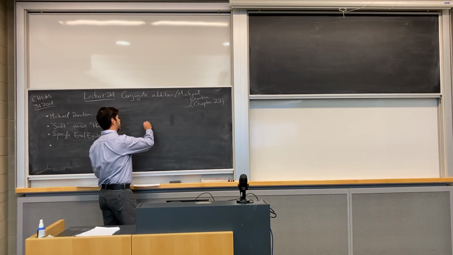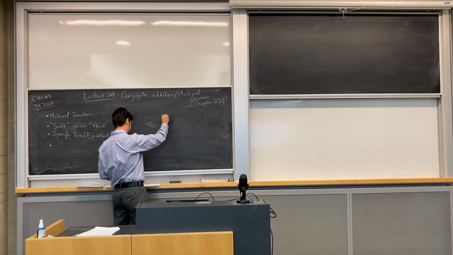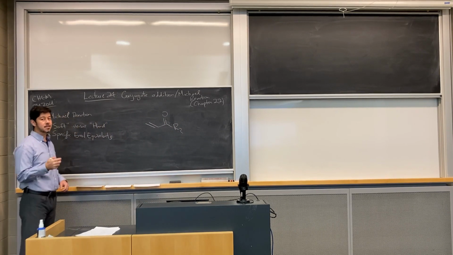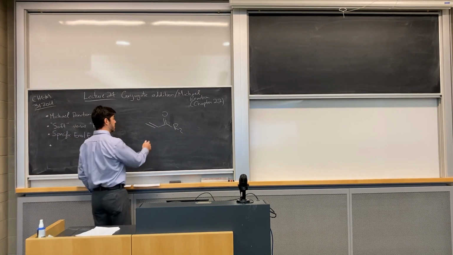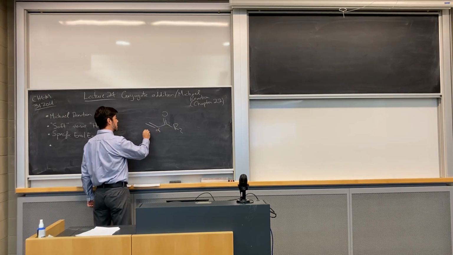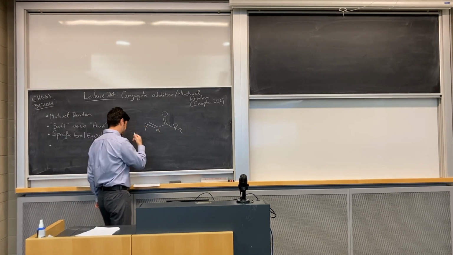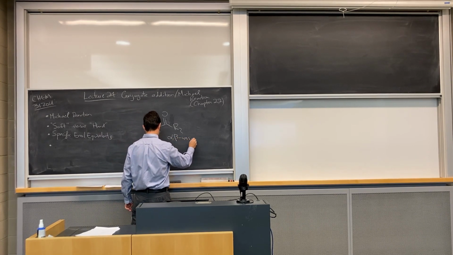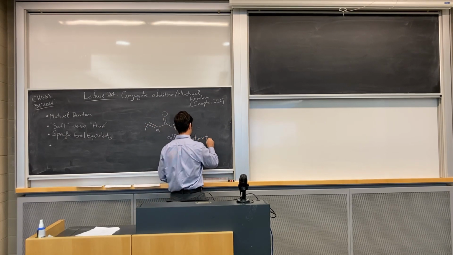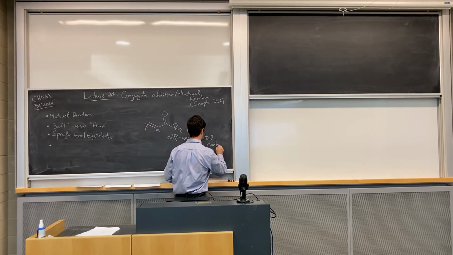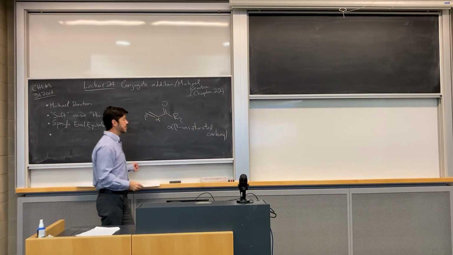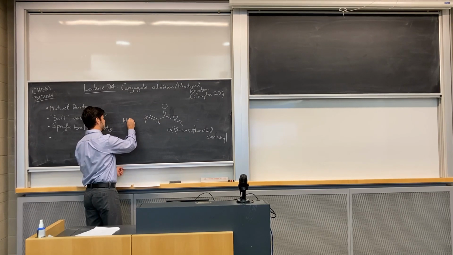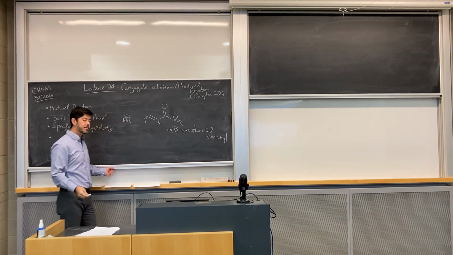Okay, so this type of compound here is what we call an alpha-beta unsaturated carbonyl compound. This is your alpha carbon, that's beta, so alpha-beta unsaturated carbonyl. These compounds are quite special because you can imagine a negatively charged nucleophile.